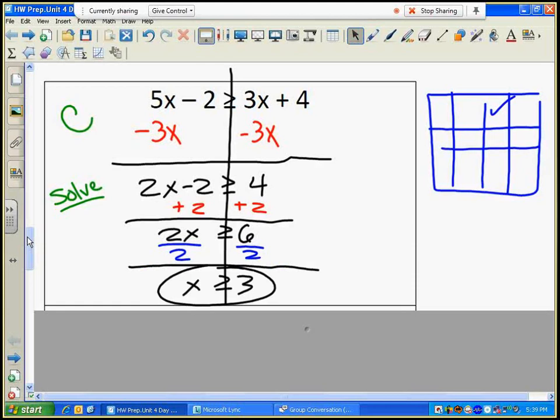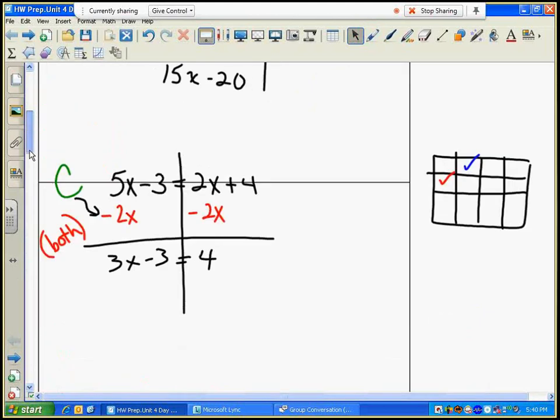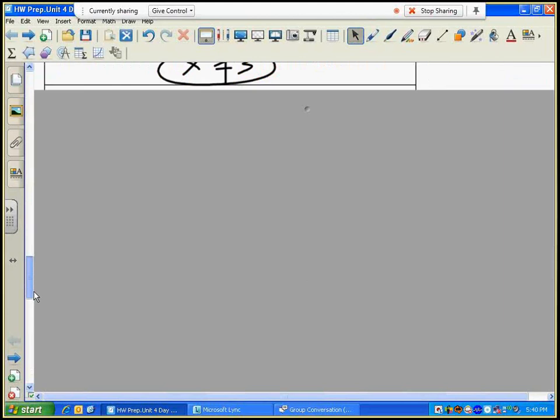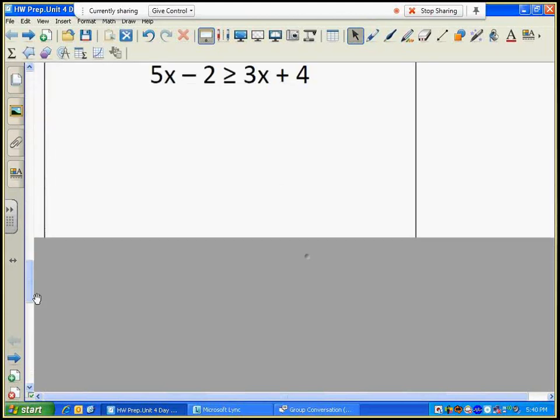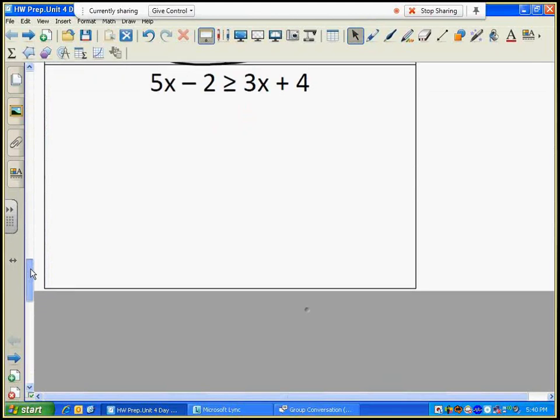Okay? Well, down here in the bottom part of that column, let's copy down the very same problem. And let's say I solve it a little bit different way. Okay, so very same problem. And let's say I tackle it a slightly different way.